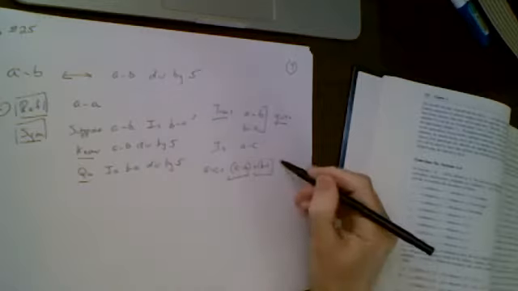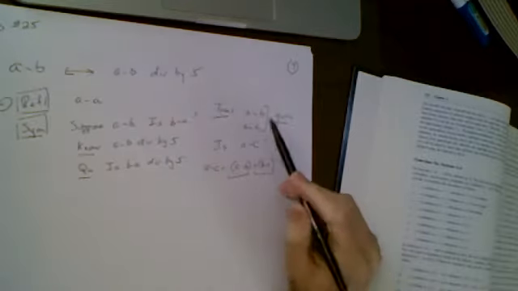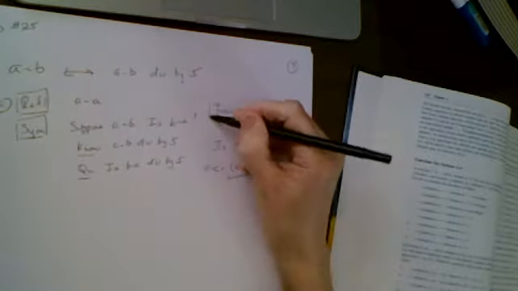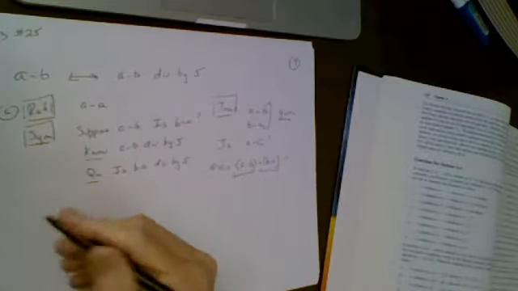Well, remember, A minus C is A minus B plus B minus C. If A is related to B, this is a multiple of 5. If B is related to C, this is a multiple of 5. If you add together two multiples of 5, you get a multiple of 5. So if A is related to B and B is related to C, then A is indeed related to C, and there's your transitivity.